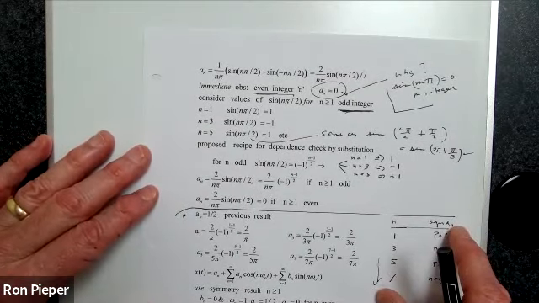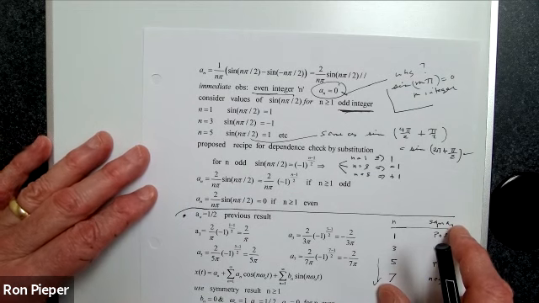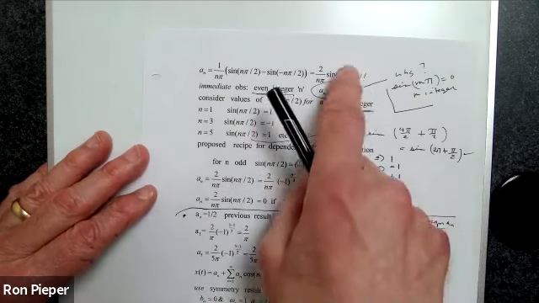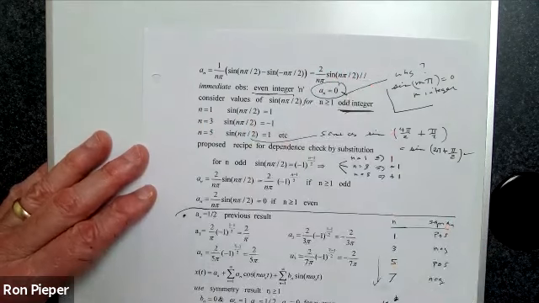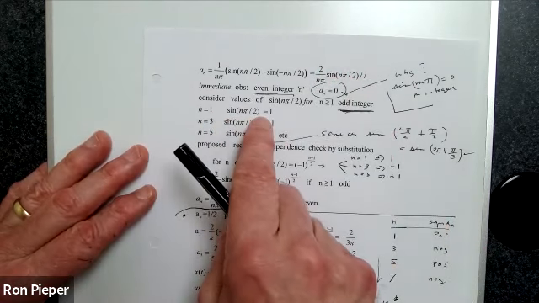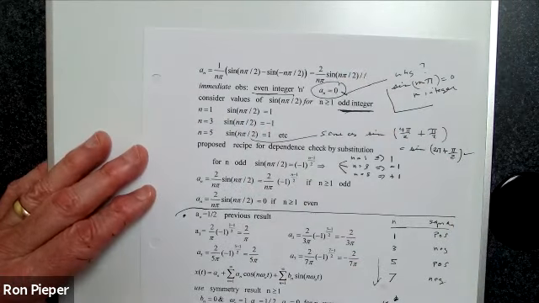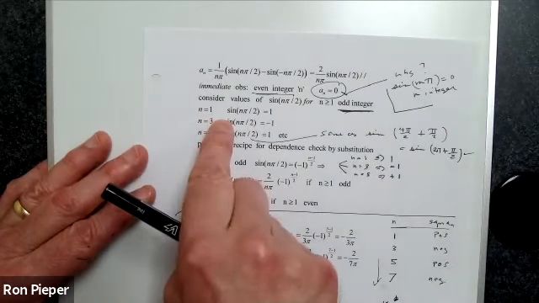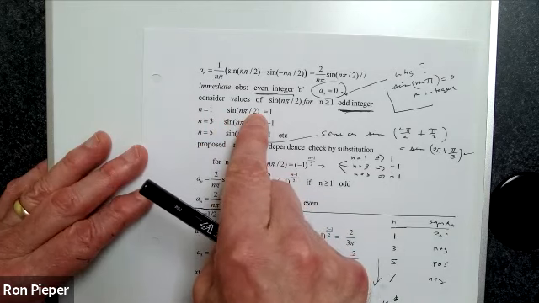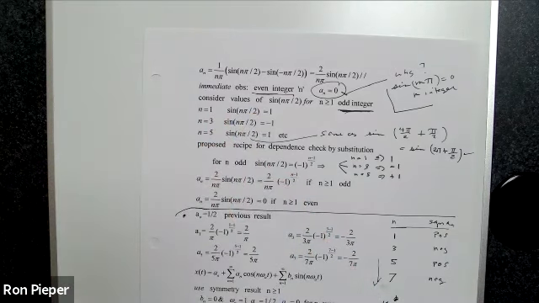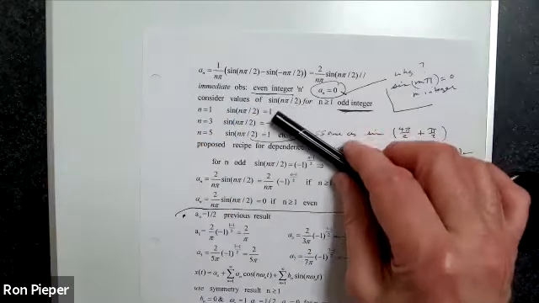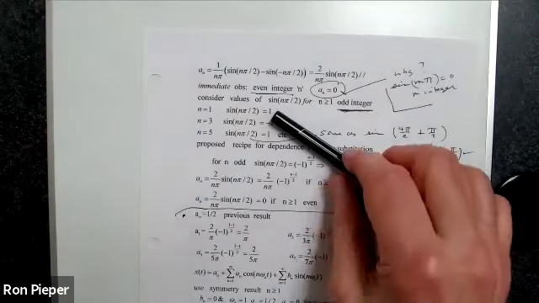To do that, I'm going to just look at the part which controls the sign. So if we take n equal to 1, that's the sine of pi over 2. I'll let you check that the sine of pi over 2 is 1.